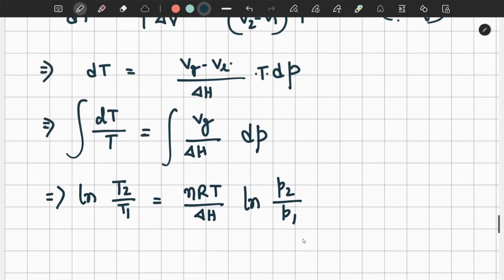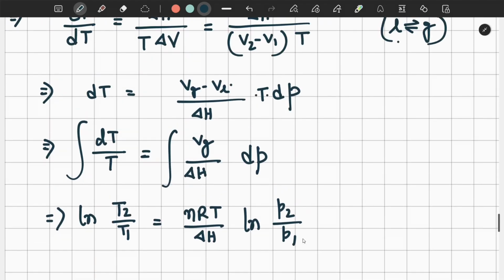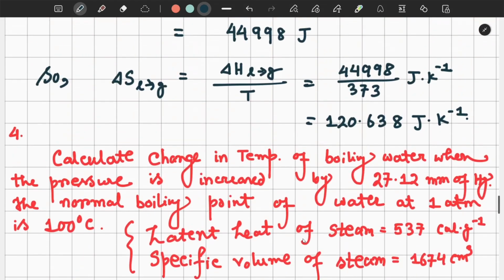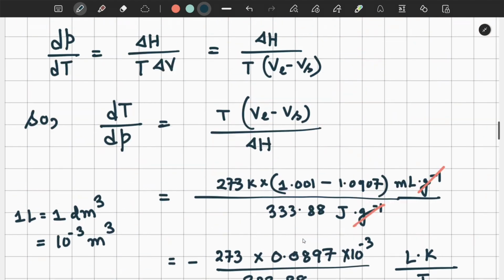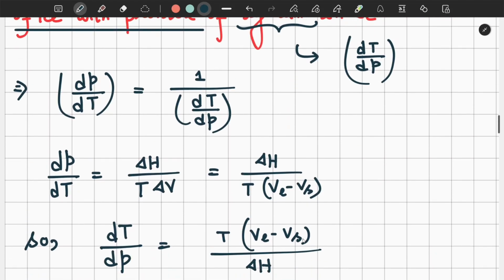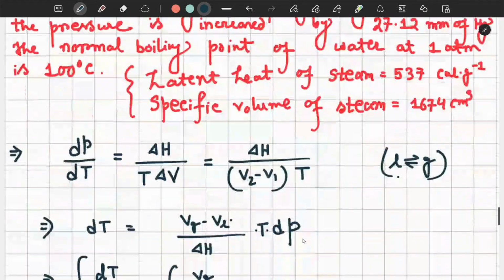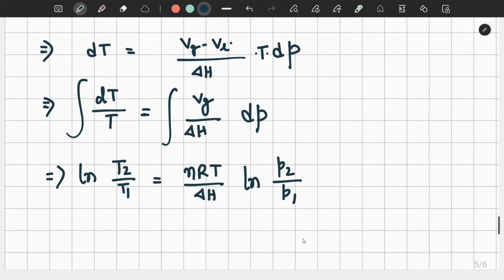I think, if I'm not wrong, am I correct? We have to get dT by T square after removing the T inside. Yes. Because here also a T, right?